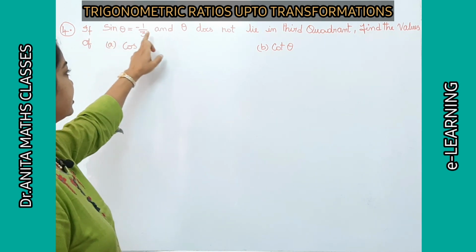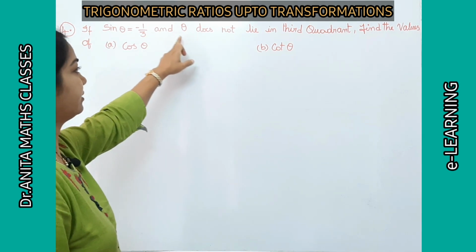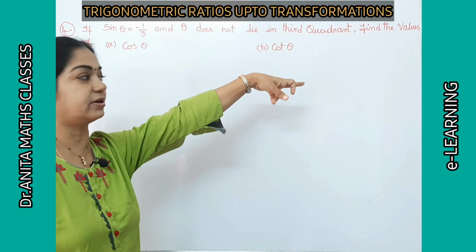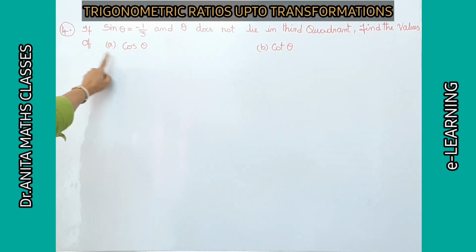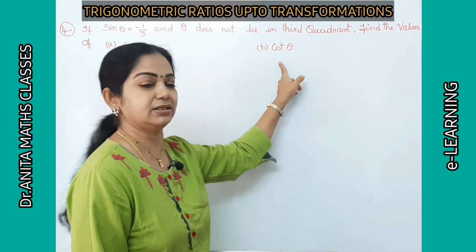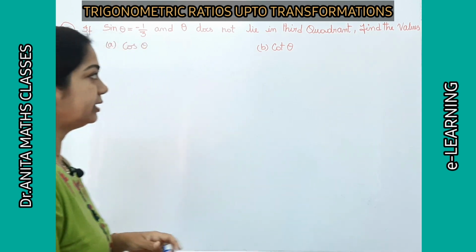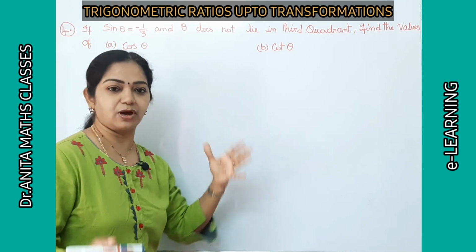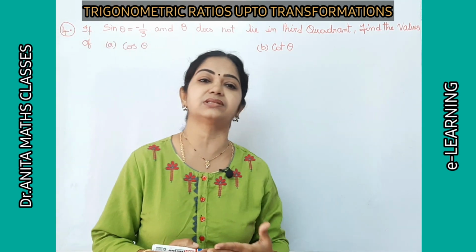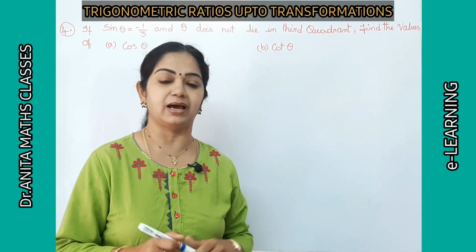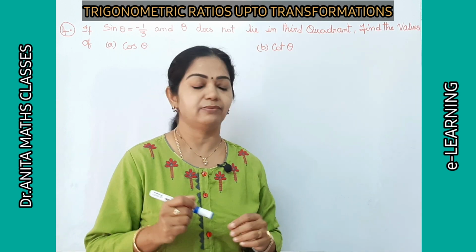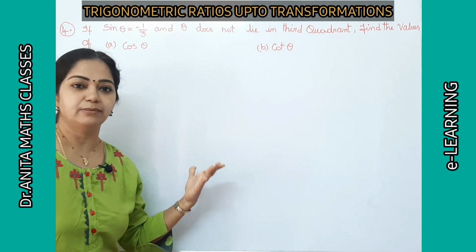If sine theta is equal to minus 1 by 3 and theta does not lie in the third quadrant, find the values of a, cos theta, and b, cot theta. Before going into the problems, I keep on stressing that you need to learn the formula and the quadrant system. After that only we can solve the problems.